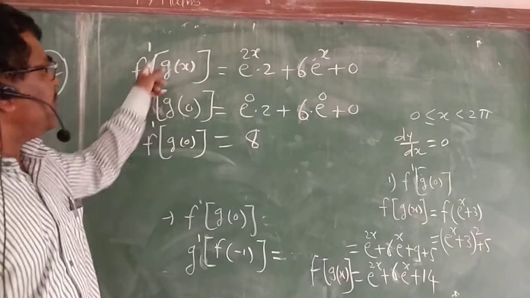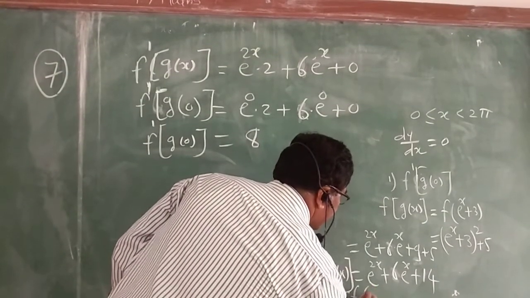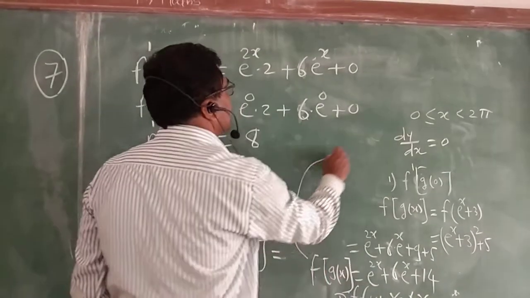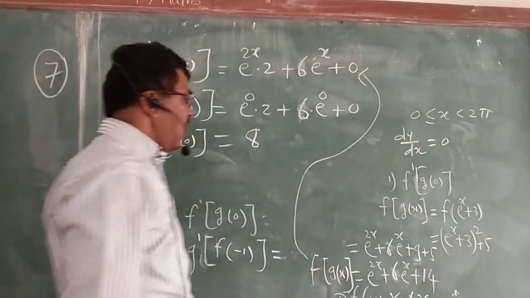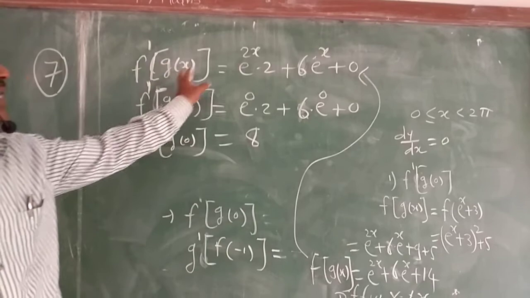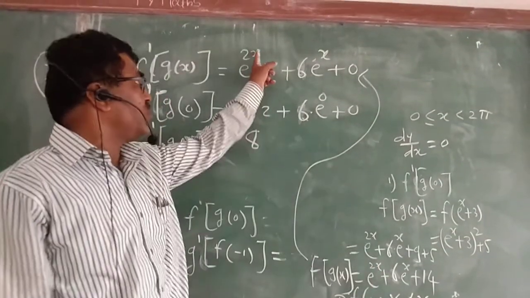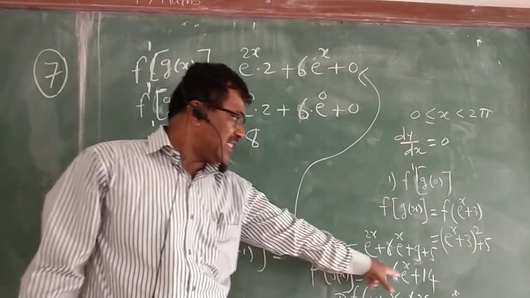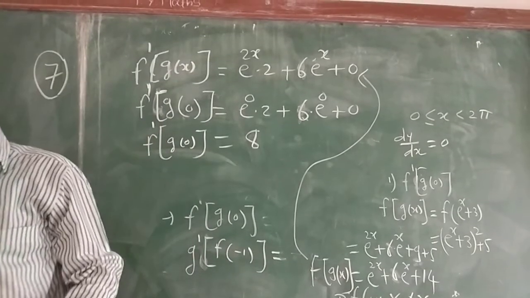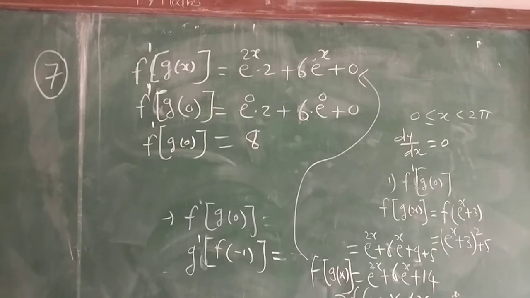Now differentiating with respect to x, that is derivative of these. F dash g of x equal to e raised to 2x, derivative of e raised to 2x is e raised to 2x into 2, 6 e raised to x derivative 6 e raised to x, 14 derivative 0. See and write in your notebook.